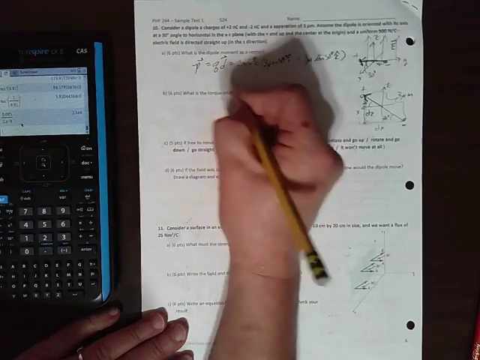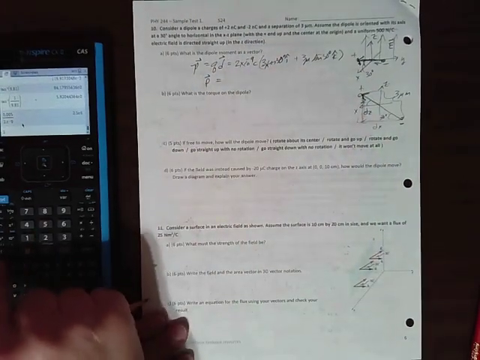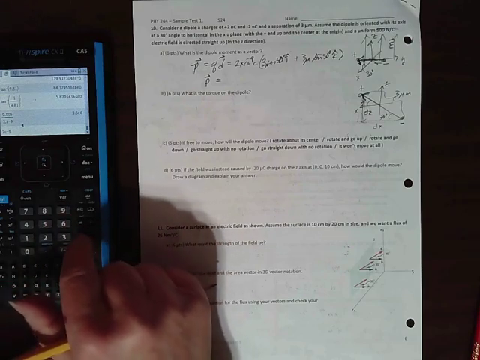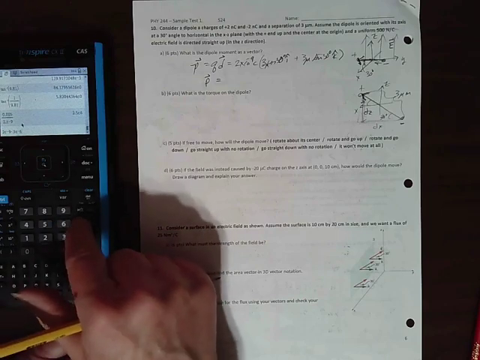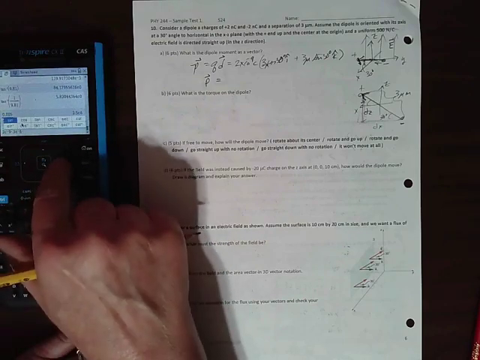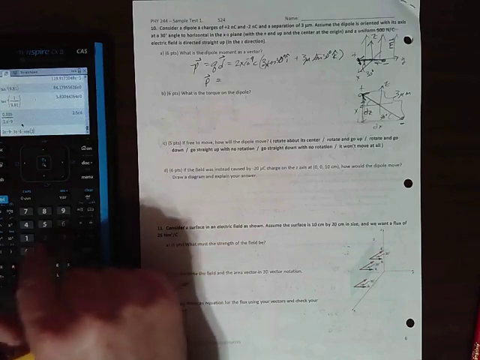Okay, so P is 2e negative 9 times 3e negative 6 times cosine of 30.